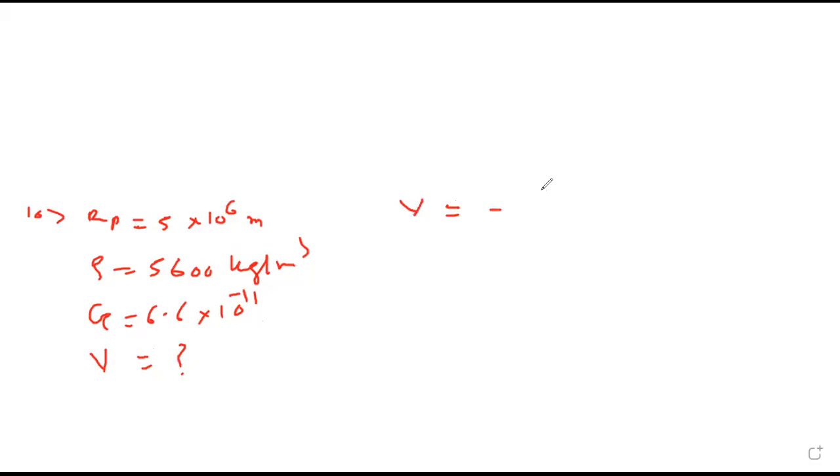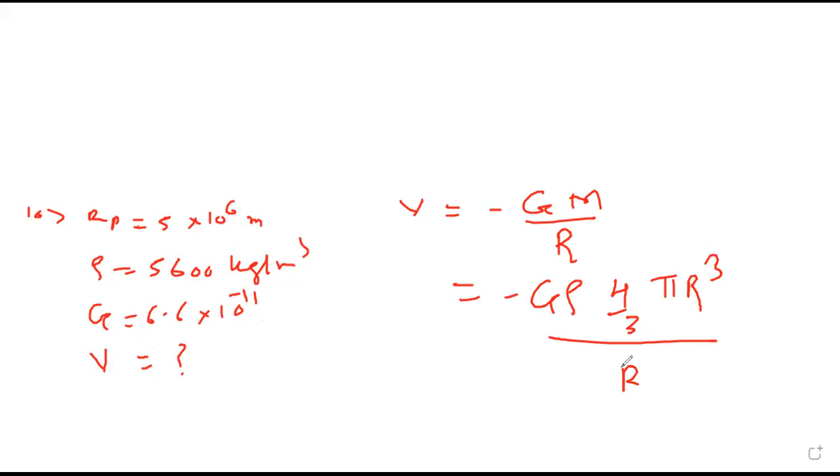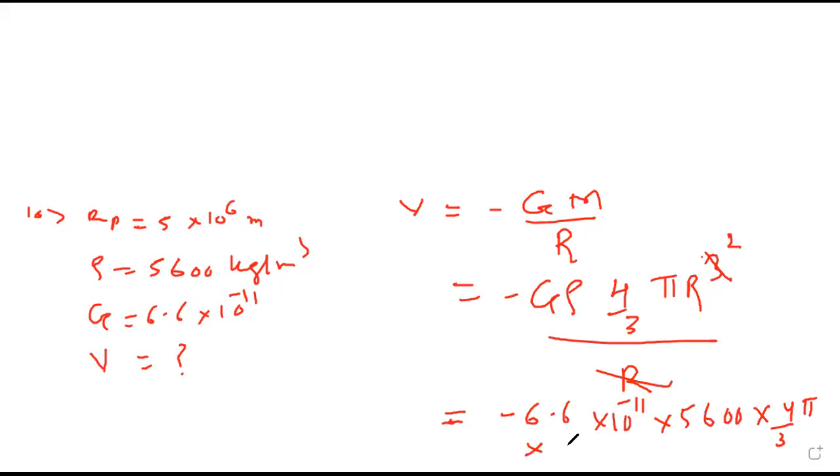So gravitational potential is minus G into mass upon distance. The distance of the surface from the center is R. So minus G, mass is rho into 4 by 3 pi R cube upon R. So this will become R square. Now minus 6.6 into 10 raised to minus 11, rho is 5600, into 4 by 3 pi into R square, which is 5 into 10 raised to 6 whole square.